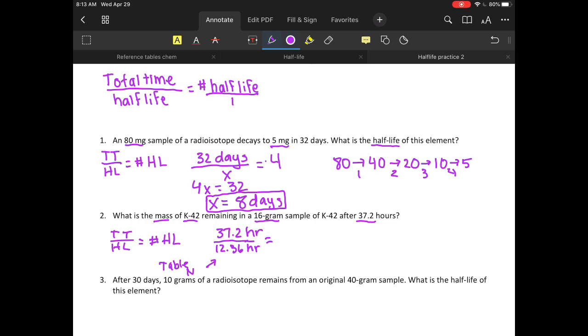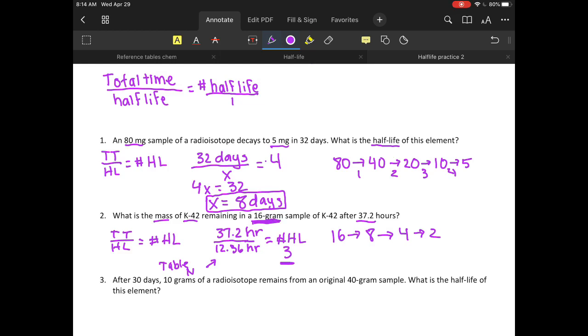And from here, I can figure out the number of half-lives. So that equals number of half-lives. And if I divide that, that means that 3 half-lives have passed. And I want to know what's the mass remaining in a 16-gram sample after 3 half-lives have passed. So 16, half of that is 8, half of that is 4, half of that is 2.